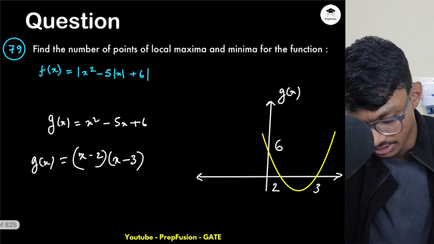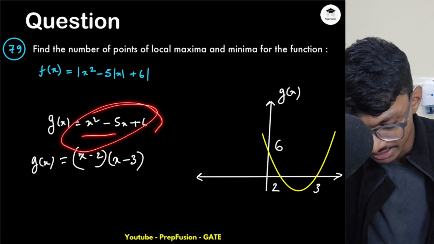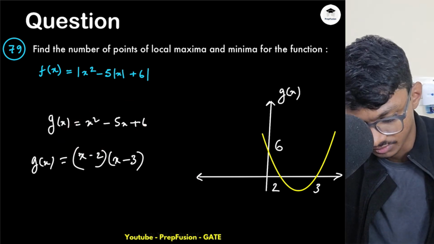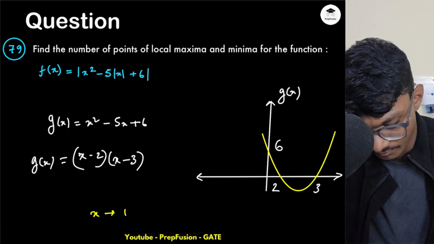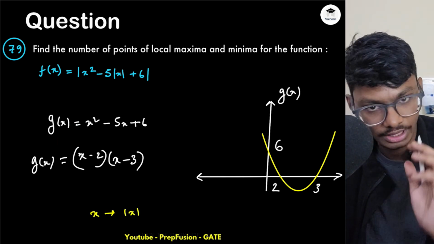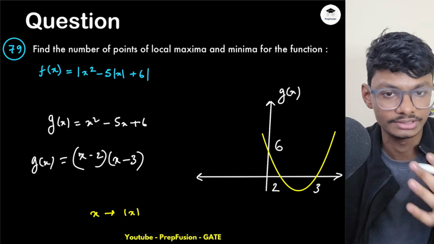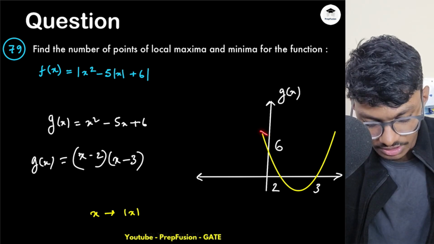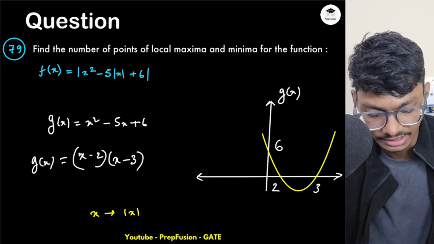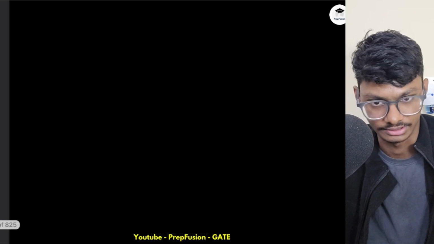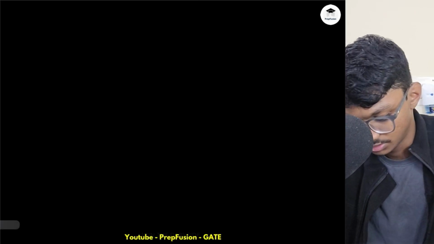So now let's solve for, if I replace x with mod of x, what will happen? I hope you are remembering the graphical transformations. Whatever is present on the left hand side, I will delete, and whatever is on the right hand side, I will copy here. It will just be a mirror image.